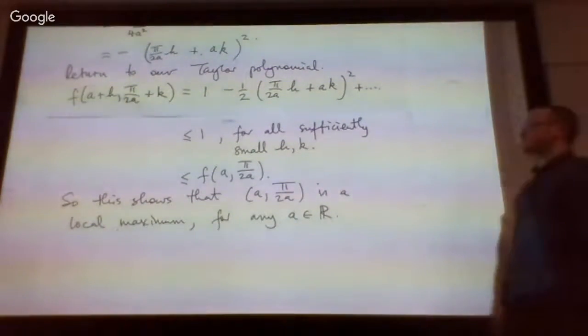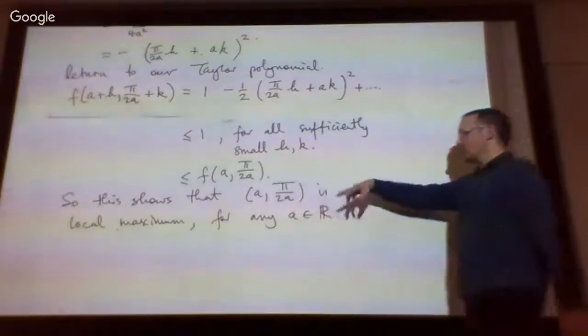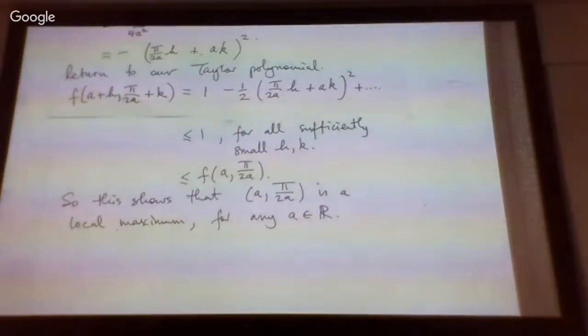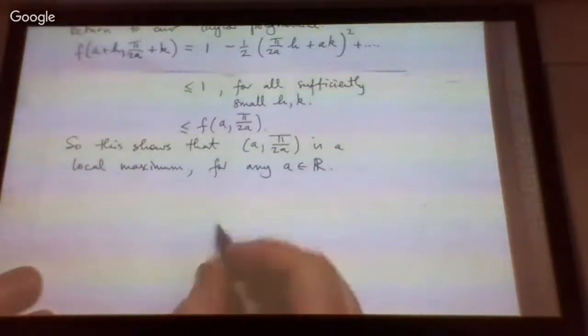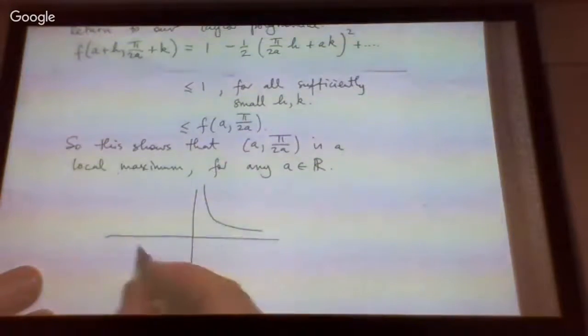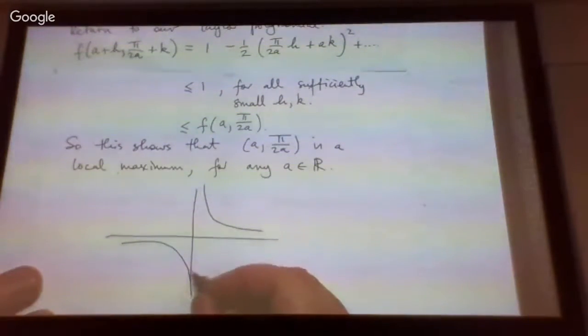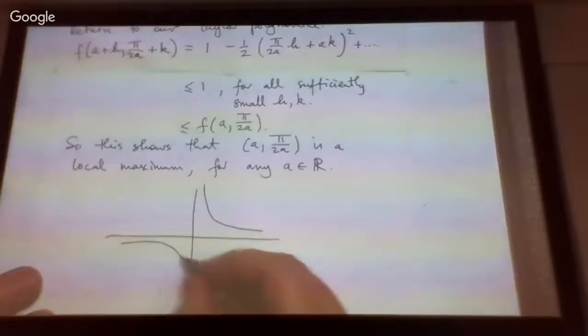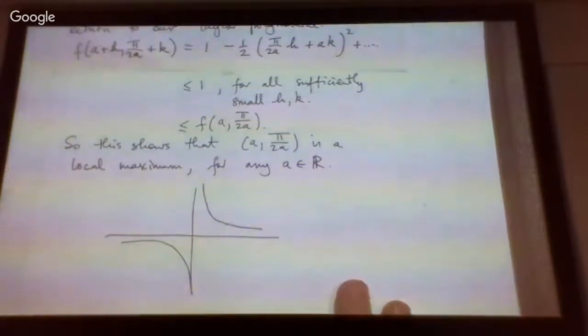So if you look at all these points together, all the points (π/2a, a), that's a curve in the plane, and it'd be these kind of curves here. Oops, sorry. That's an awful drawing, but you get the idea.